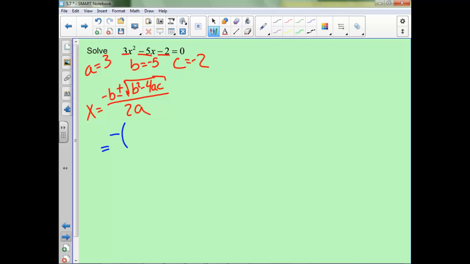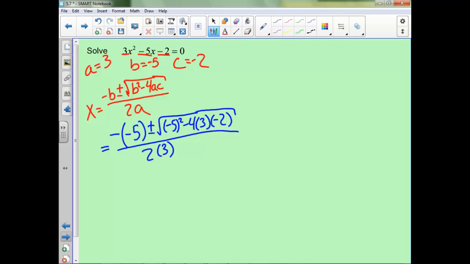So negative, our b is negative 5, plus or minus negative 5 squared minus 4 times 3 times negative 2, all over 2 times 3.